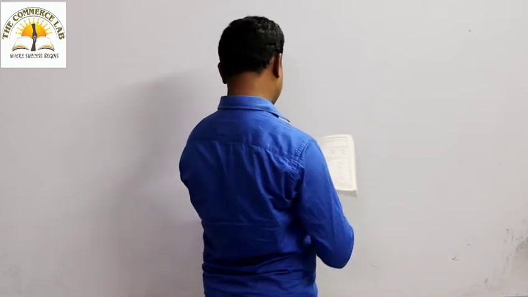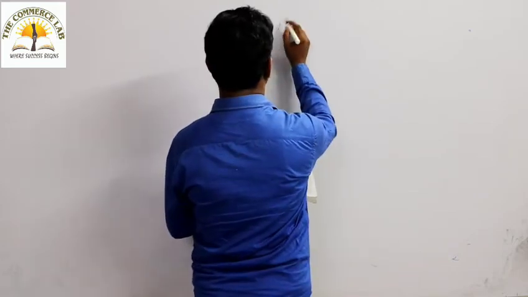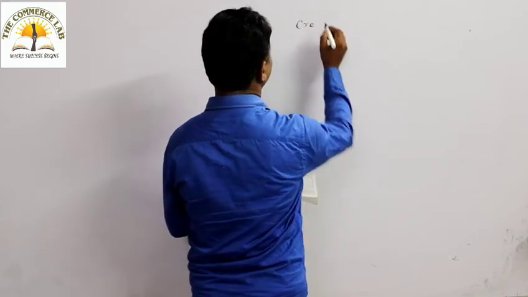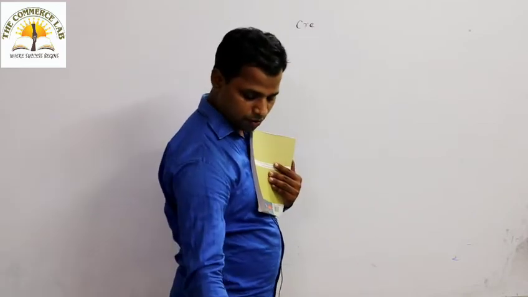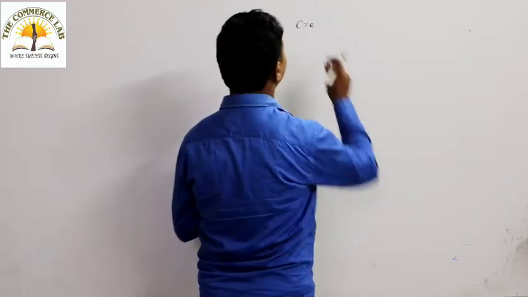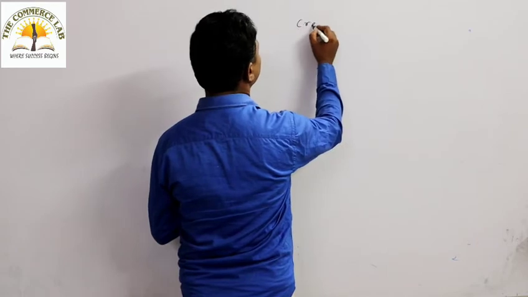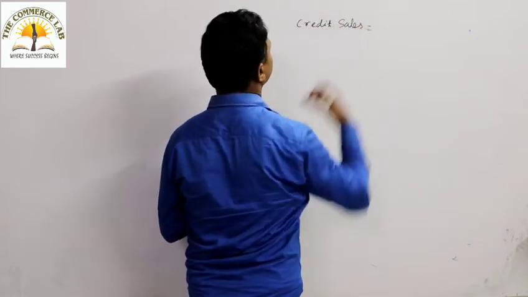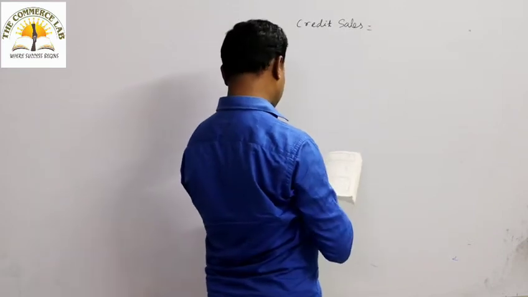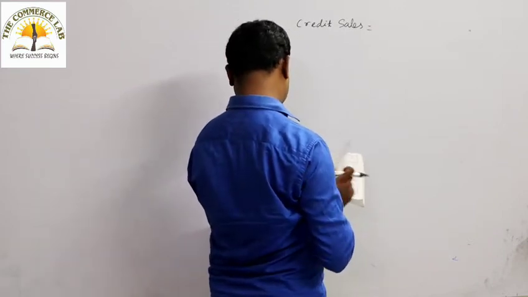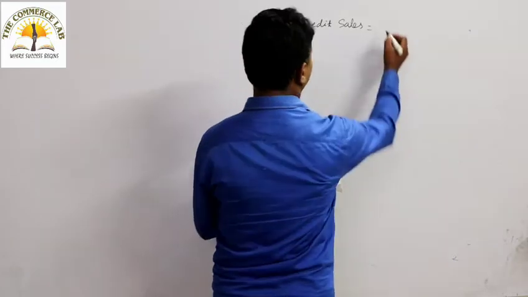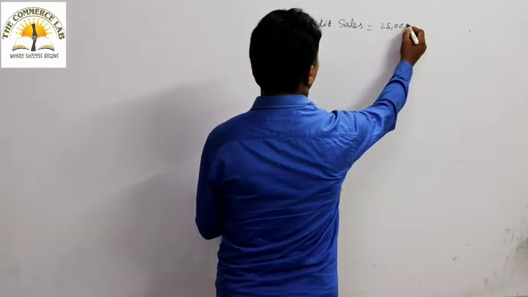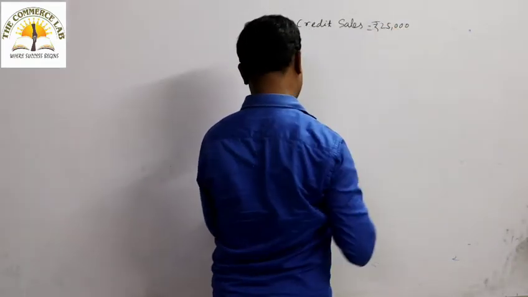Annual sales revenue, or simply credit sales, is given in this question. How much are the credit sales given in the question? Rupees 25,000.